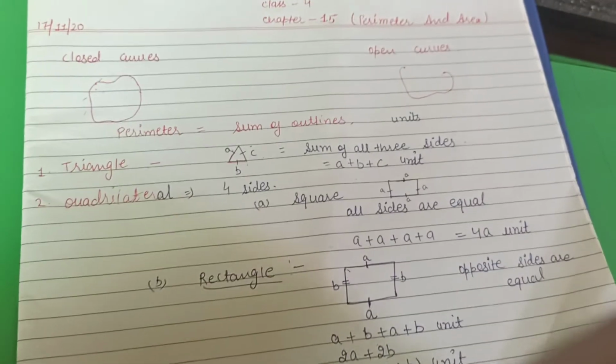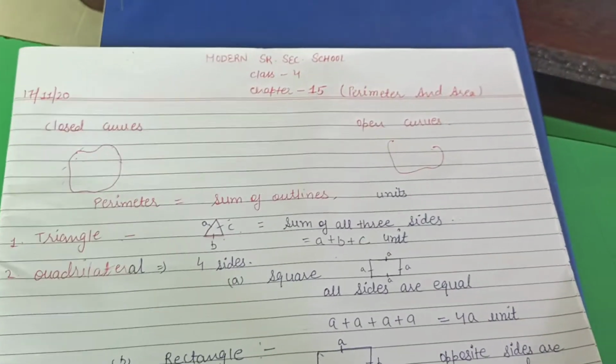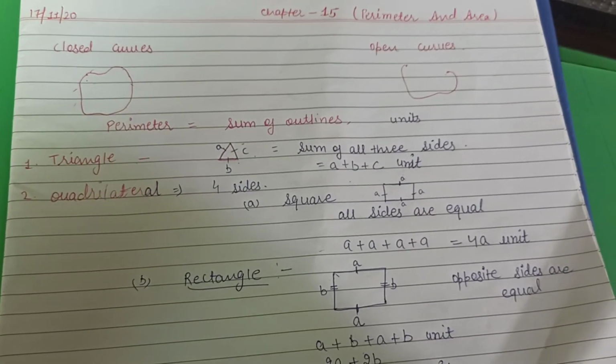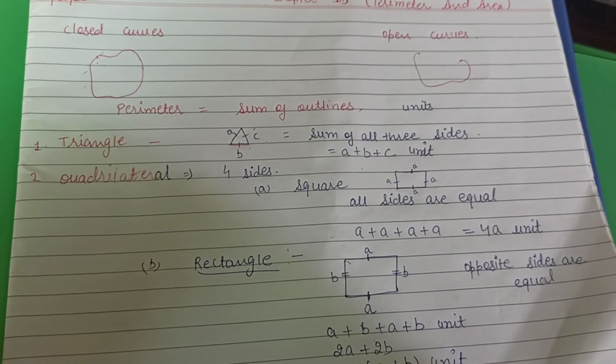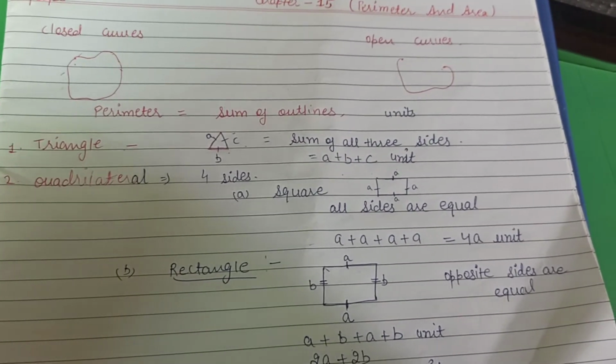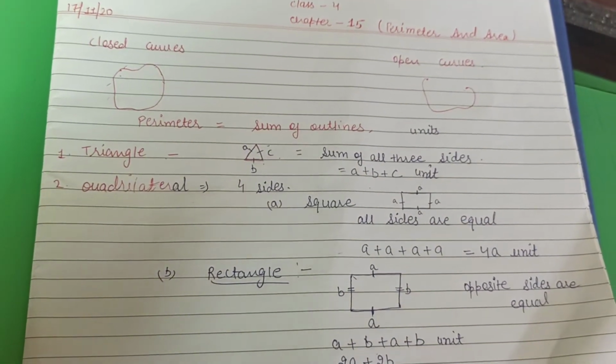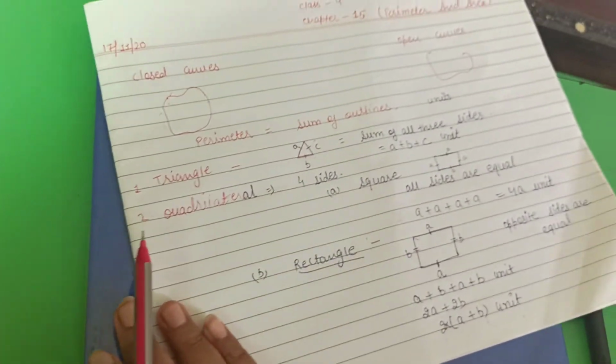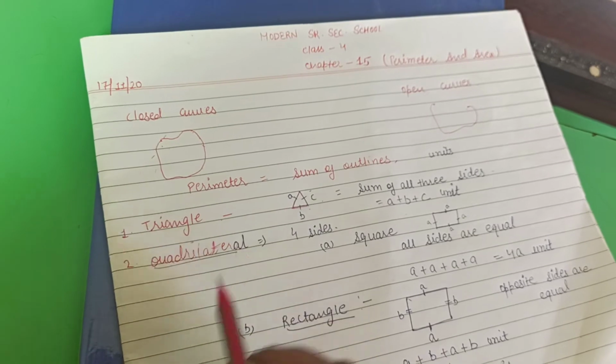That is, the perimeter of a triangle, how to find the perimeter of a square, and how to find the perimeter of a rectangle. Clear? So after these, one more point is there, that is quadrilateral.